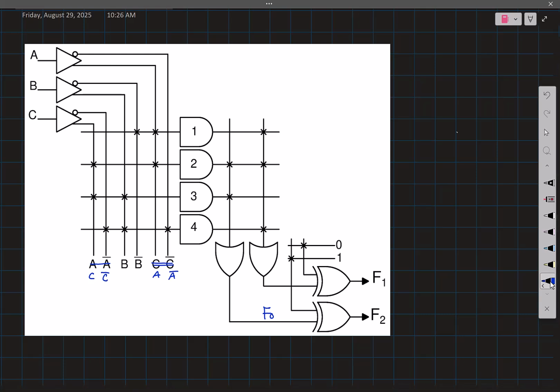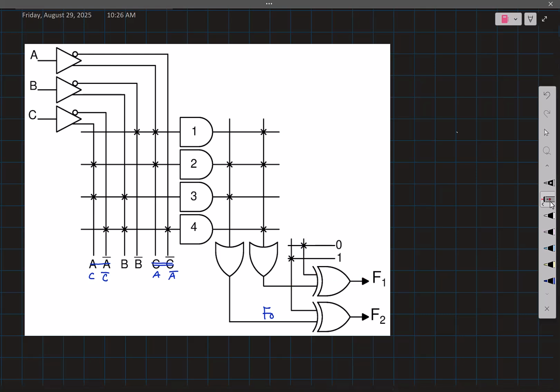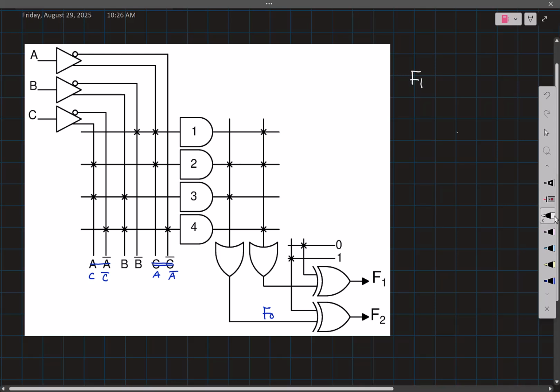It is NOT of it. That's all. And if you fed the other input as 0, then the same function is going to come out. This is only to have a programmable inversion at the output. Okay. So given this circuit, can you quickly tell me what is the function f1 and what is the function f2?